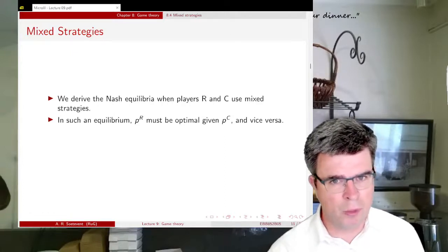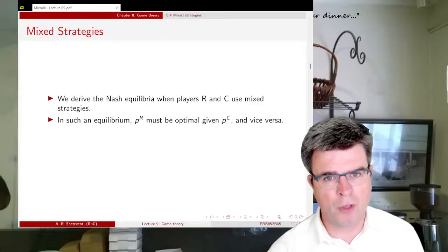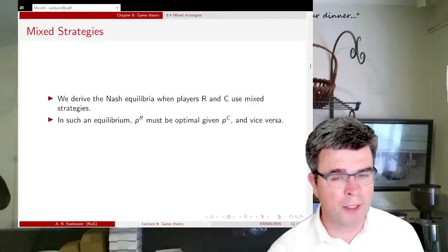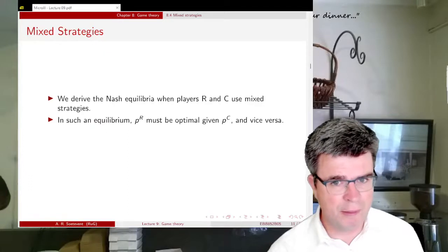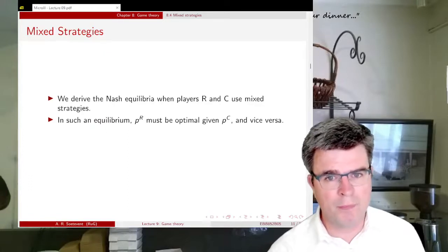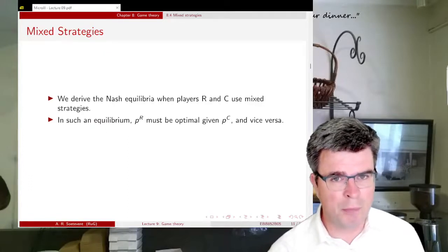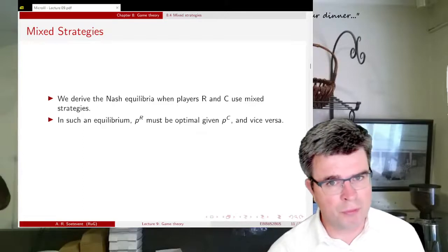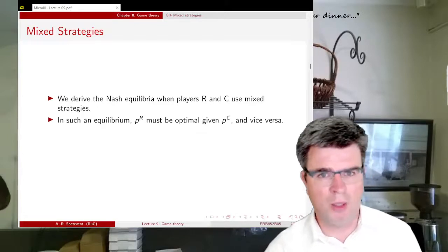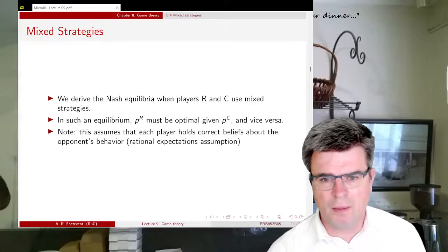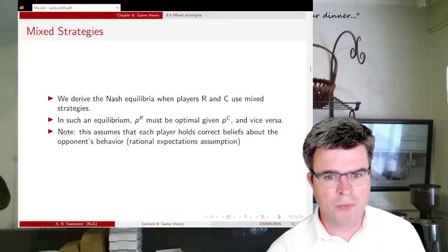So for the row player, his choice of PR must be optimal given that the column player chooses PC, and for the column player, choosing PC must be optimal for her given that the row player chooses PR. And note that here we assume that each player holds correct beliefs about the opponent's behavior.